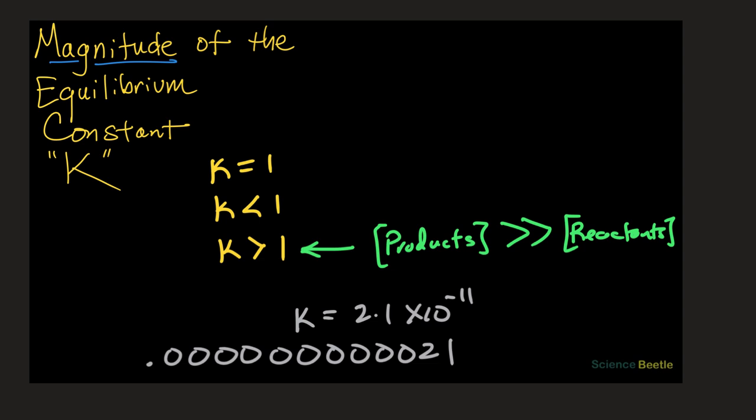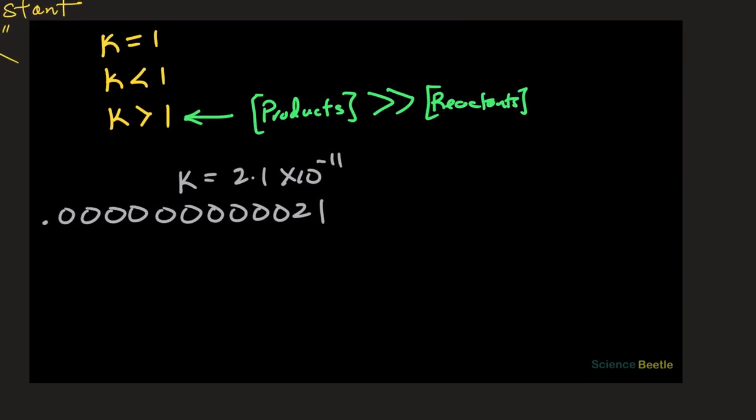Whereas, let me move this slightly over to the left, let's say that we had a value of roughly k equal to 2.1 times 10 to the negative 2.